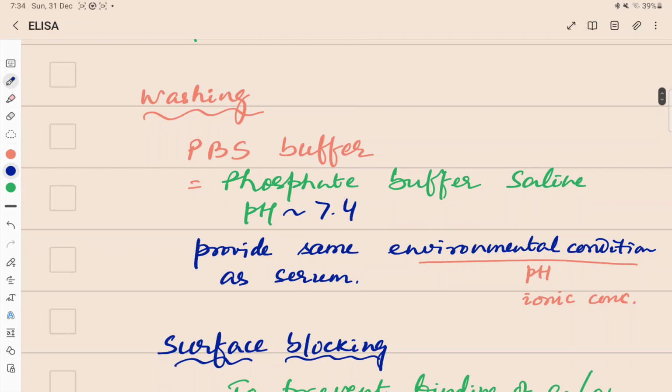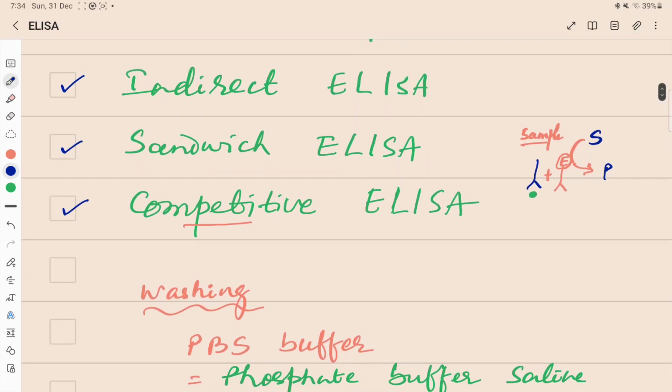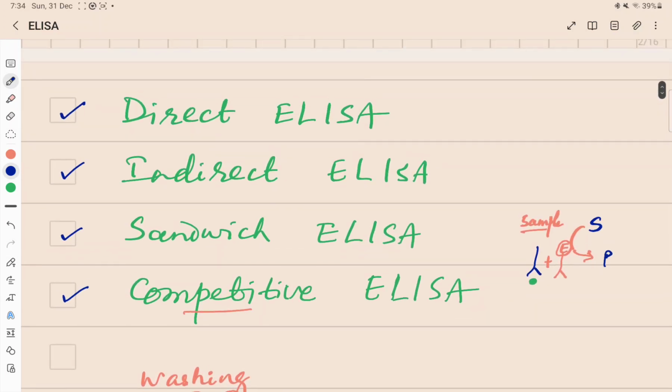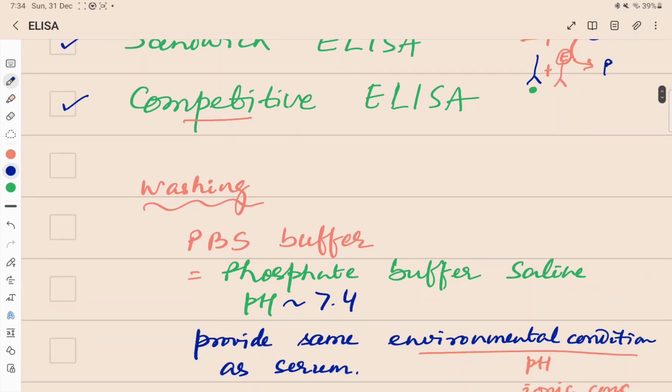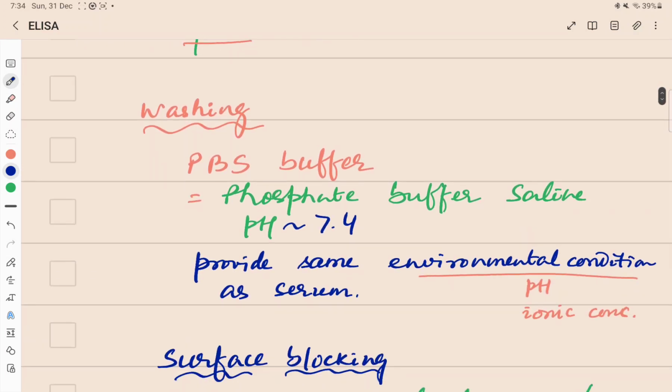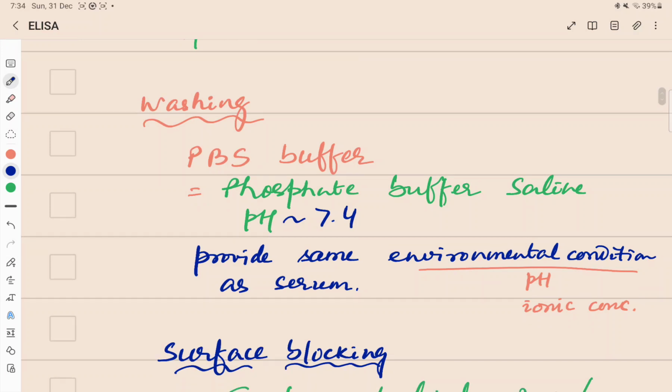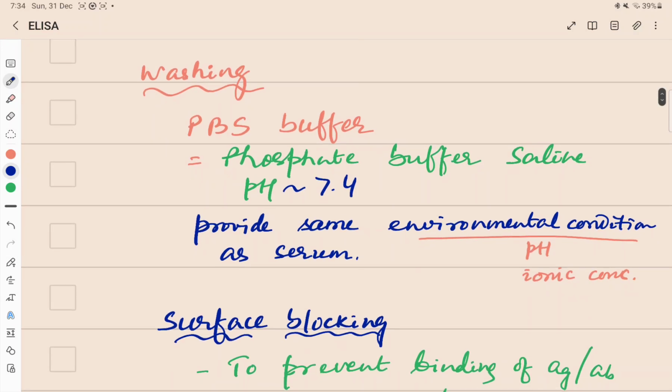So the basic process is we have to take either antigen or antibody, and then we have to add the sample, and allow the antigen antibody reaction, and after each step we have to wash.